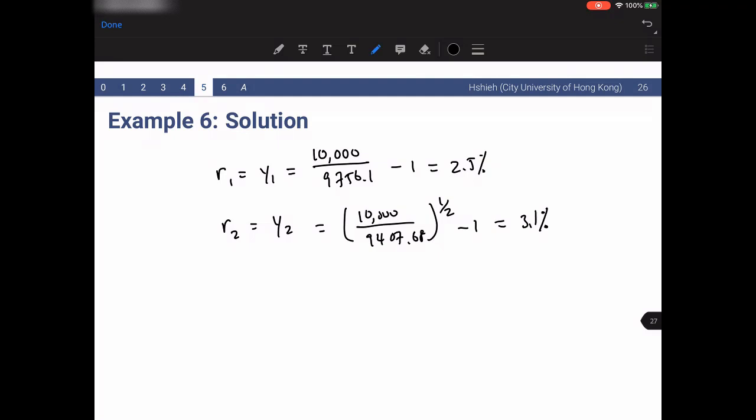The 1/2 comes from the fact that we write out the present value expression, or the bond pricing expression, and we're just solving for the bond yield directly. Lastly, R3, which is equal to Y3, is going to be 10,000 divided by 9045.62 to the 1/3 minus 1. This is going to give you 3.4%.